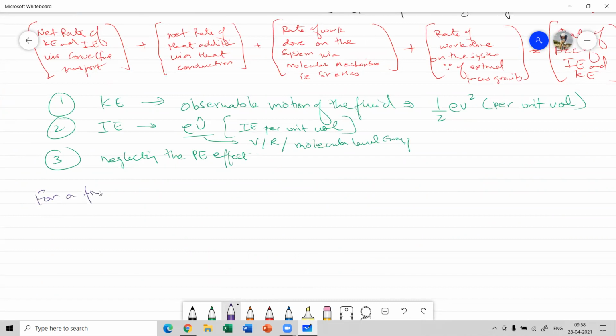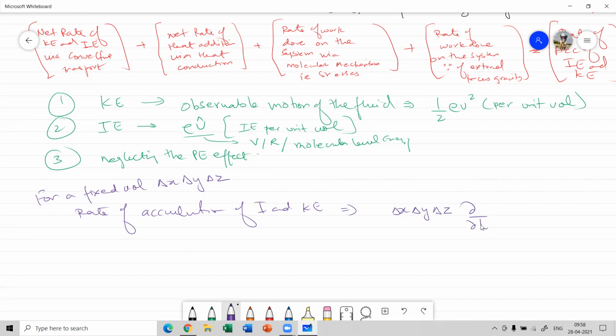for a fixed volume of delta x, delta y, and delta z, the rate of accumulation of internal and kinetic energy can be written as delta x, delta y, delta z into del by del t of half rho V square plus rho U cap.